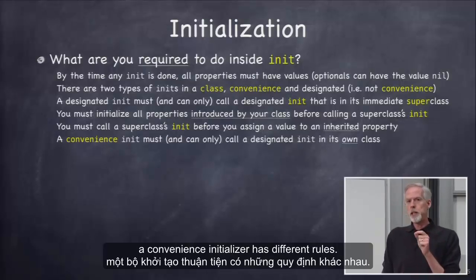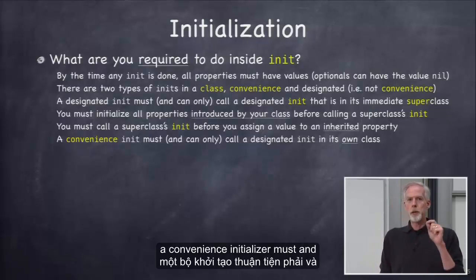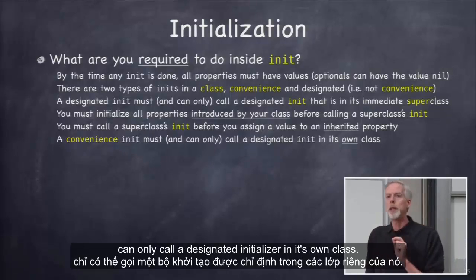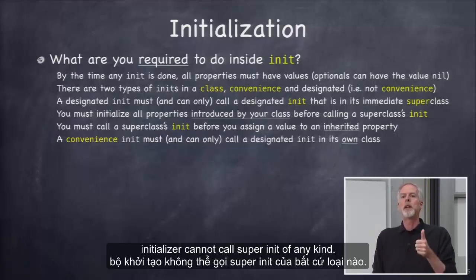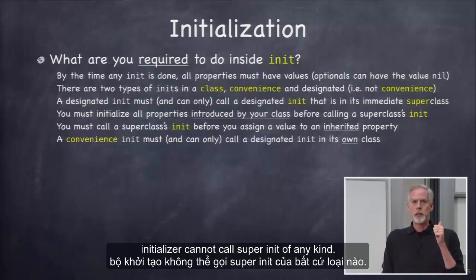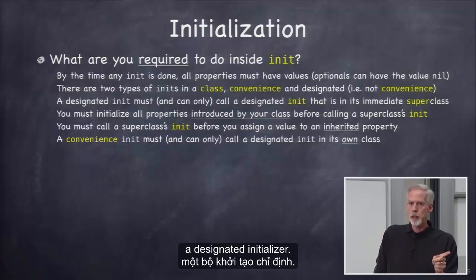Now a convenience initializer has different rules. First of all, a convenience initializer must and can only call a designated initializer in its own class. A convenience initializer cannot call super init of any kind. It must call a designated initializer.